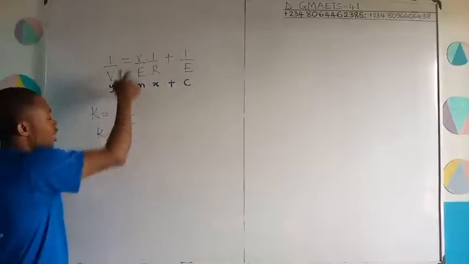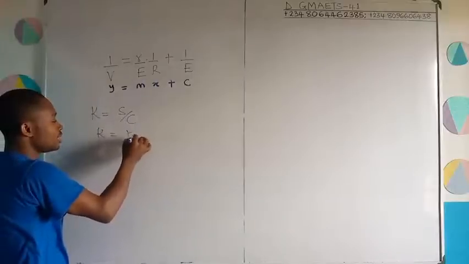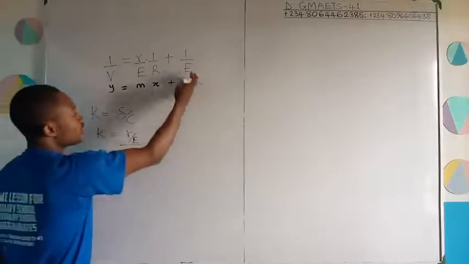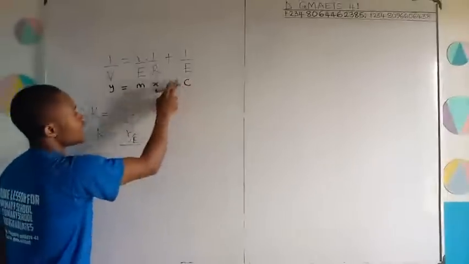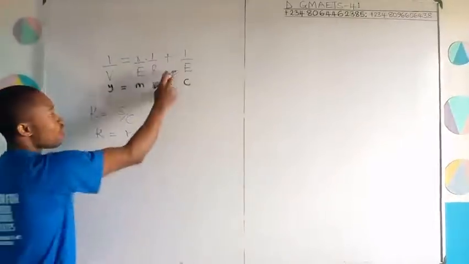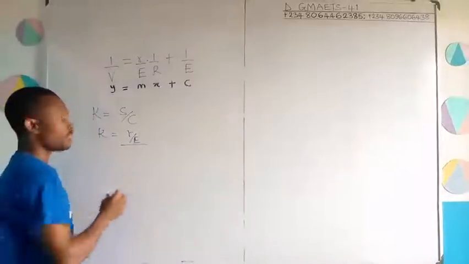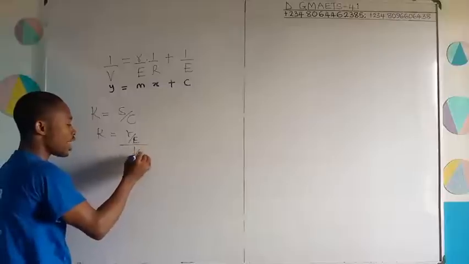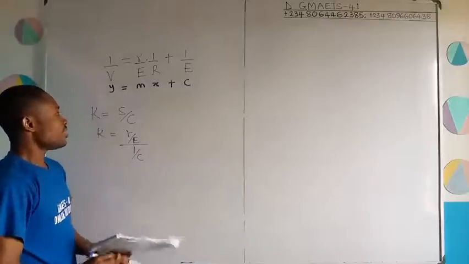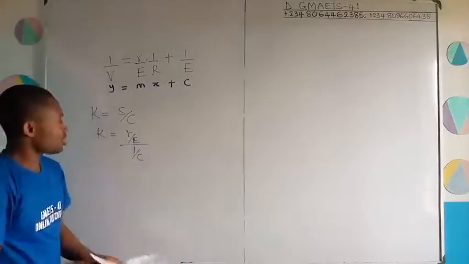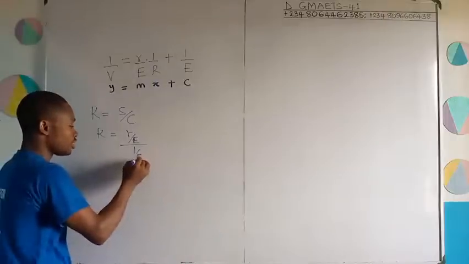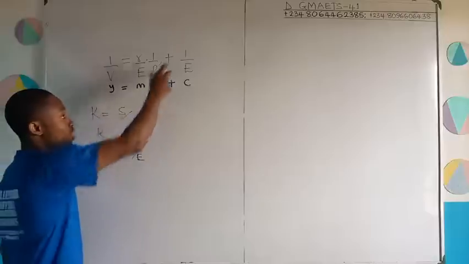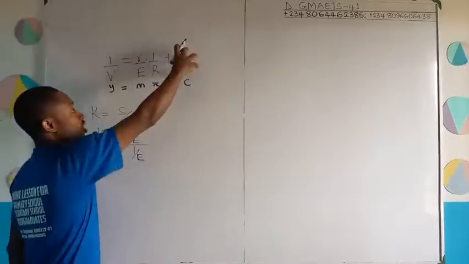Therefore, the value of K we are asked to evaluate will simply be K equals, in place of slope, r over E, and then we are dividing this by C. Now, continuing with your comparison, C is equal to 1 over E, that is 1 over the electromotive force of the cell. So in place of C, I am going to replace it with 1 over E, because C is your intercept.